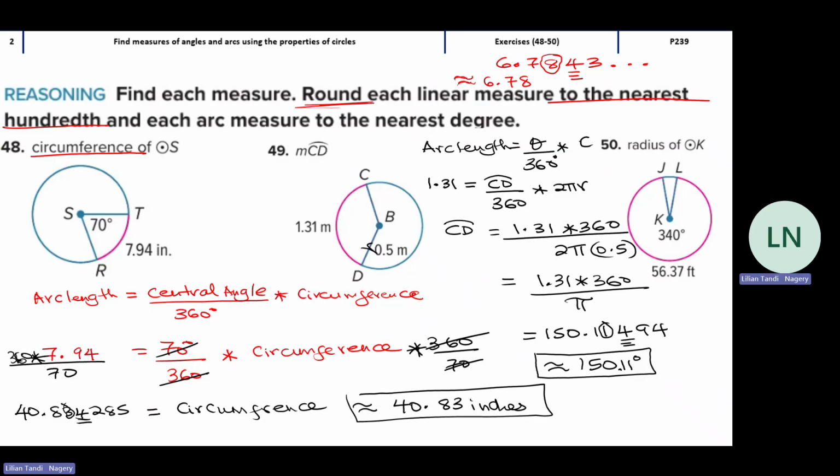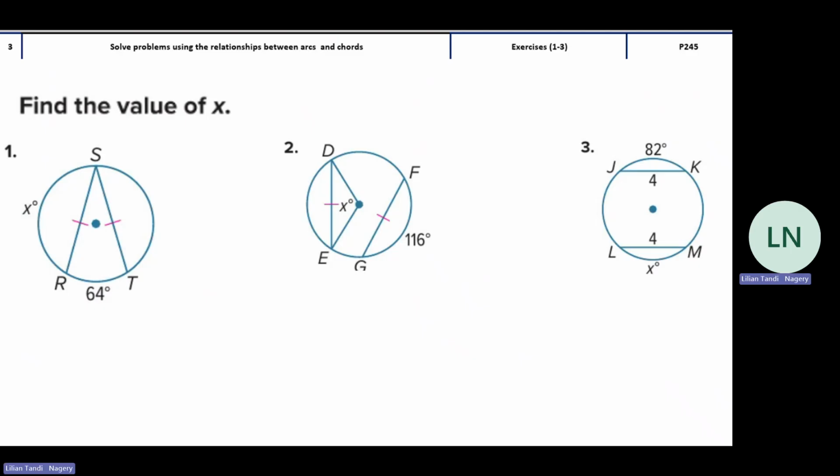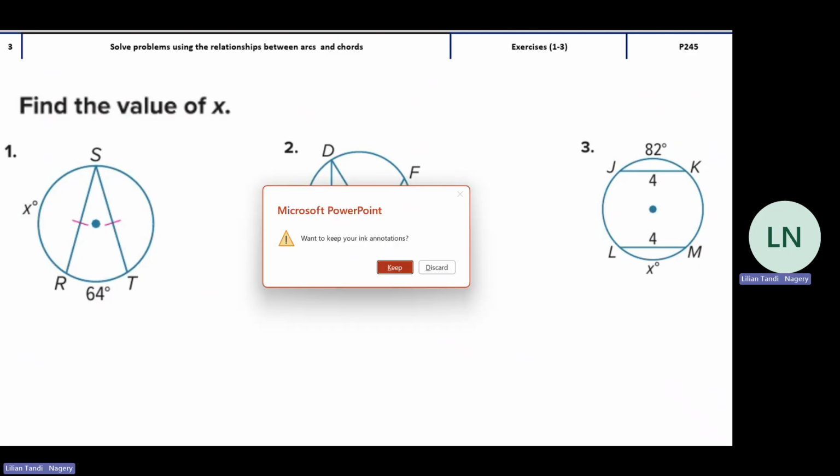I need space. I don't have space over here. Okay, I just create, keep.